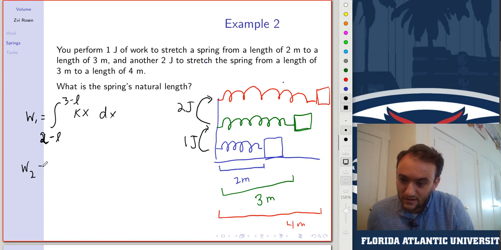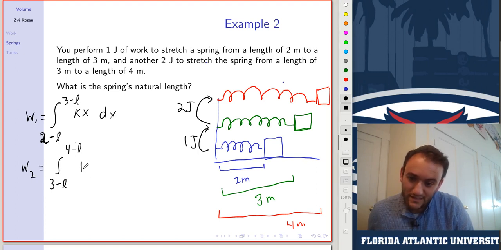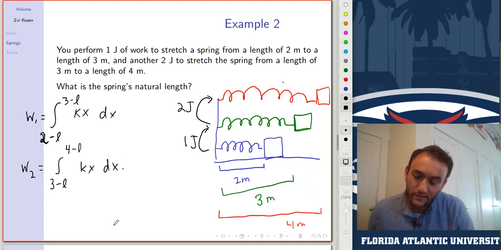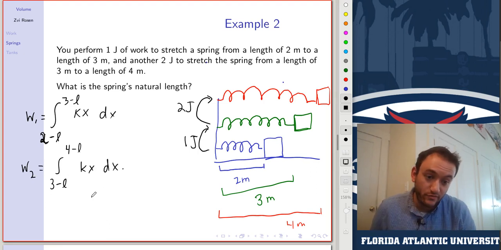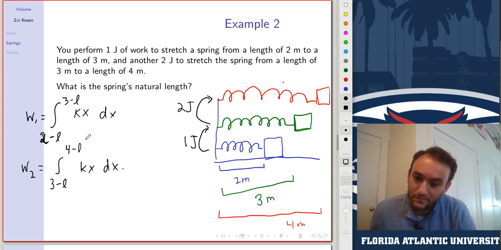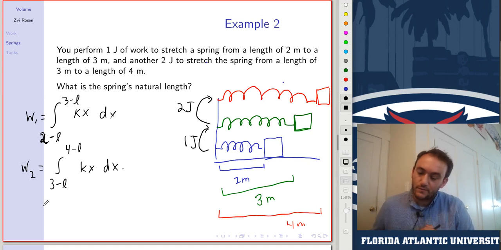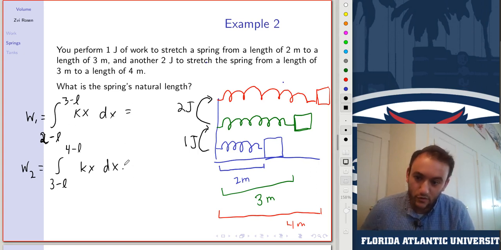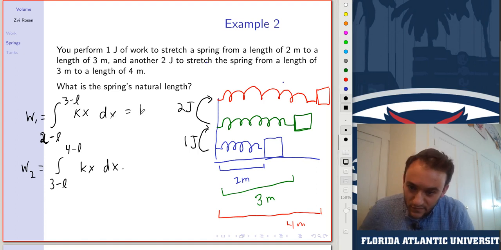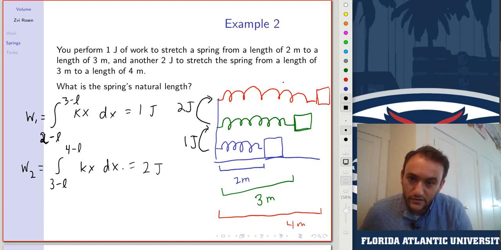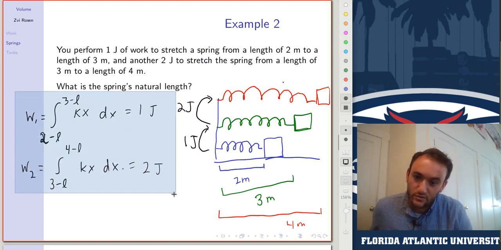The second work is from 3 minus L to 4 minus L, and that's kx dx. We're going to compute these two and solve for k and L, keeping in mind that the first one is 1 joule and the second one is 2 joules. So let's make a new slide to do this computation.